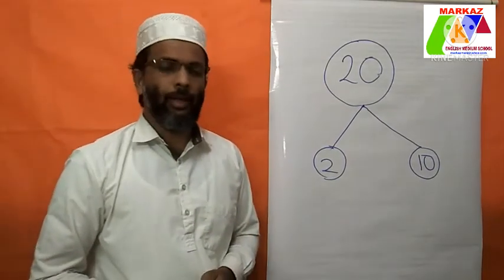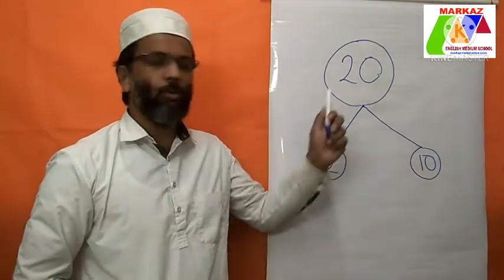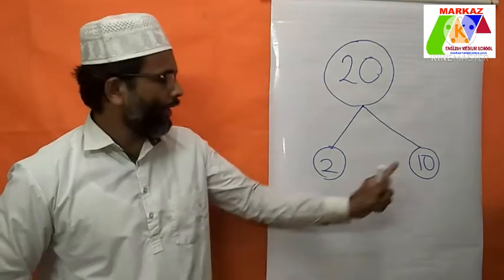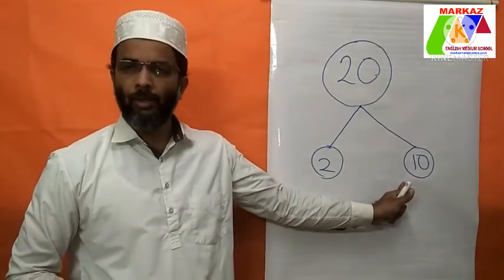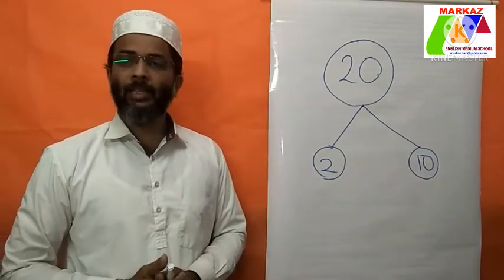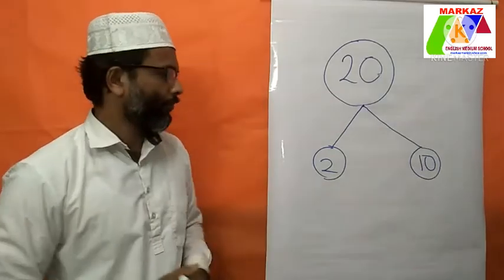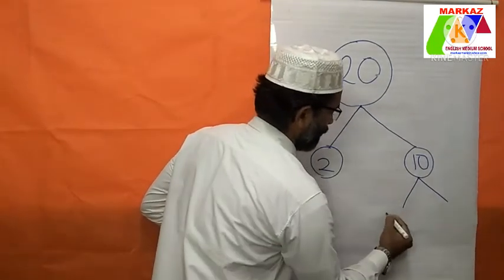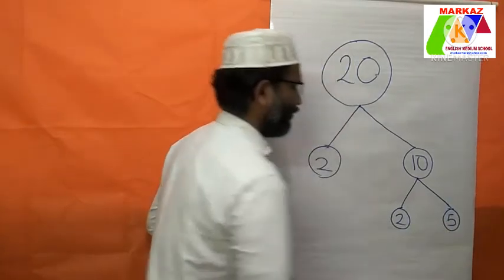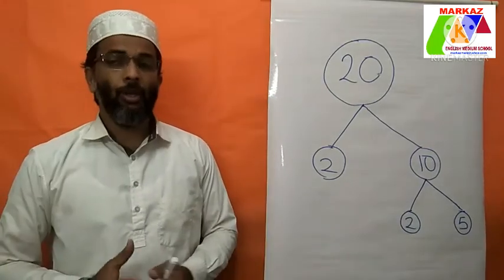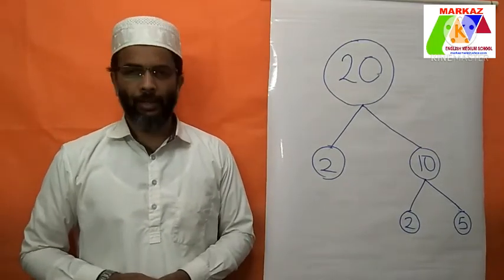2 into 10 is equal to 20. 2 is a prime number. 10 is a composite number. So we will split 10 again as a product of primes. 2 into 5 is 10.